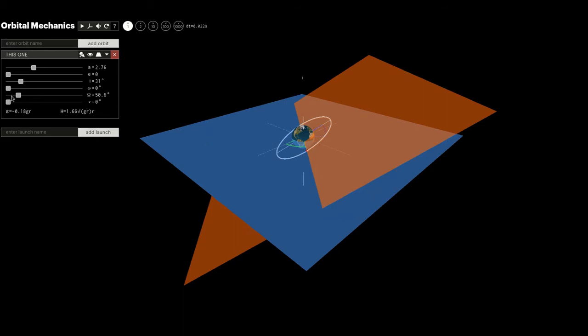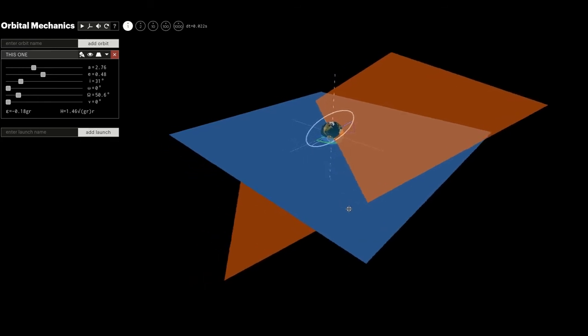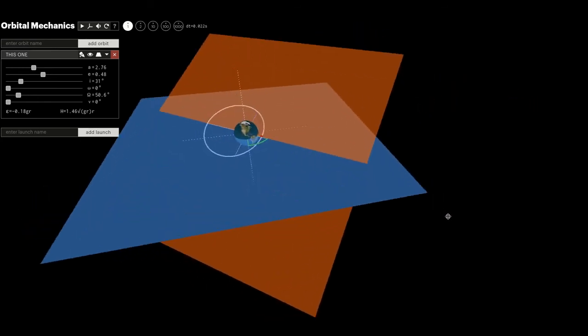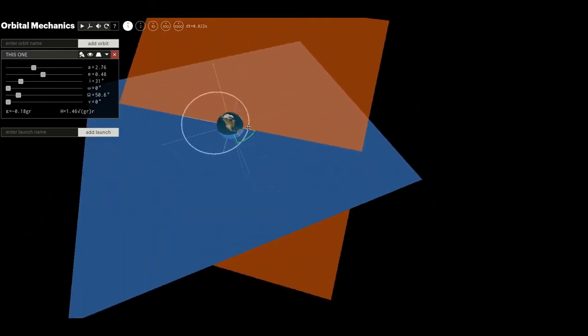All right. The next one is, let's do this so we can make sure that this shows. I'm going to increase the eccentricity, and you can see that the perigee is here and the apogee is here. So the next one we're going to look at is the argument of perigee, and it's got some other names too, but this is the point where the satellite is closest to the Earth, and at this time it is from the equatorial plane 0.